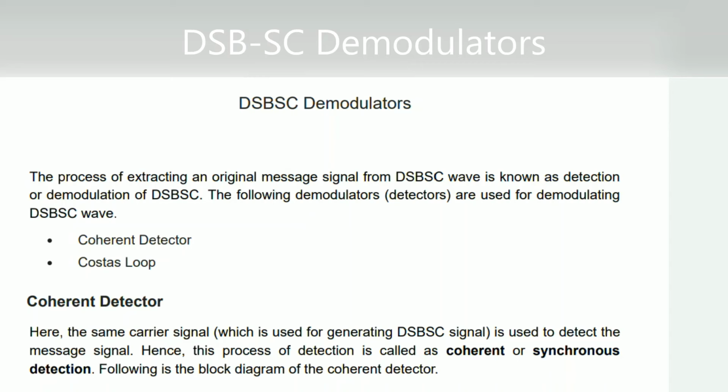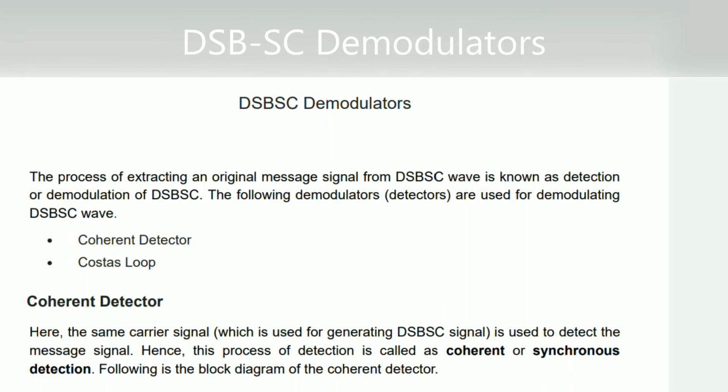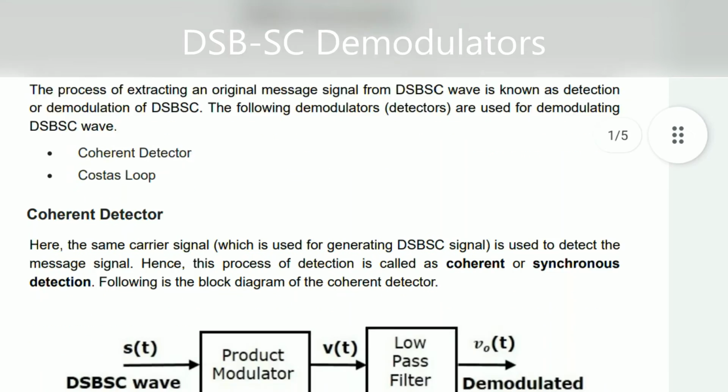For demodulation of double sideband suppressed carrier, we can say there are two types. Number one is the coherent detector and number two is the Costas loop. First we will see the coherent detector.